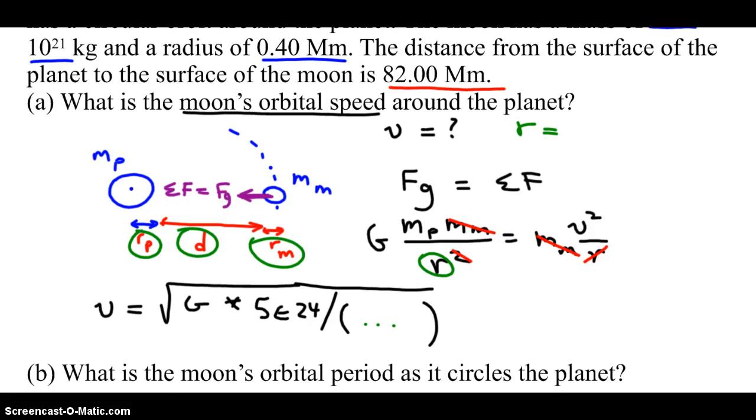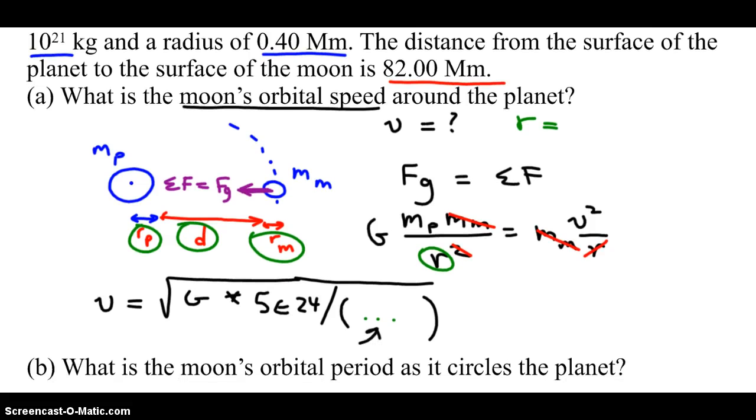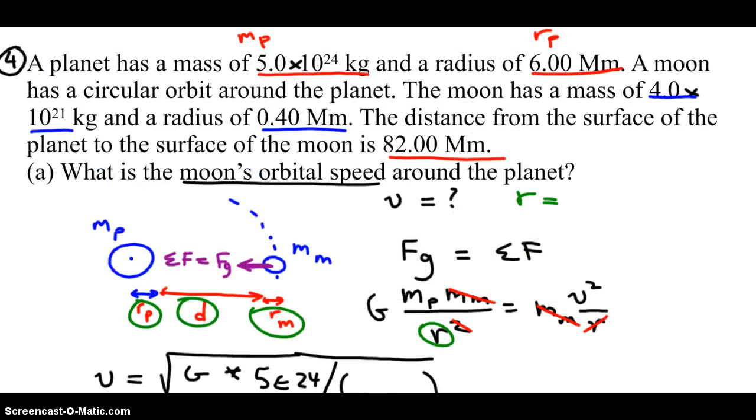What is r? That's the question, so that I can plug it in right there. r is the sum of the three distances: the radius of the planet, which is 6 megameters, plus the radius of the moon, which was 0.4, plus the surface-to-surface distance, which was 82. I can add those up like this because they're all in megameters. They're all in the same unit. And when I add 86 and 2, I get 88.